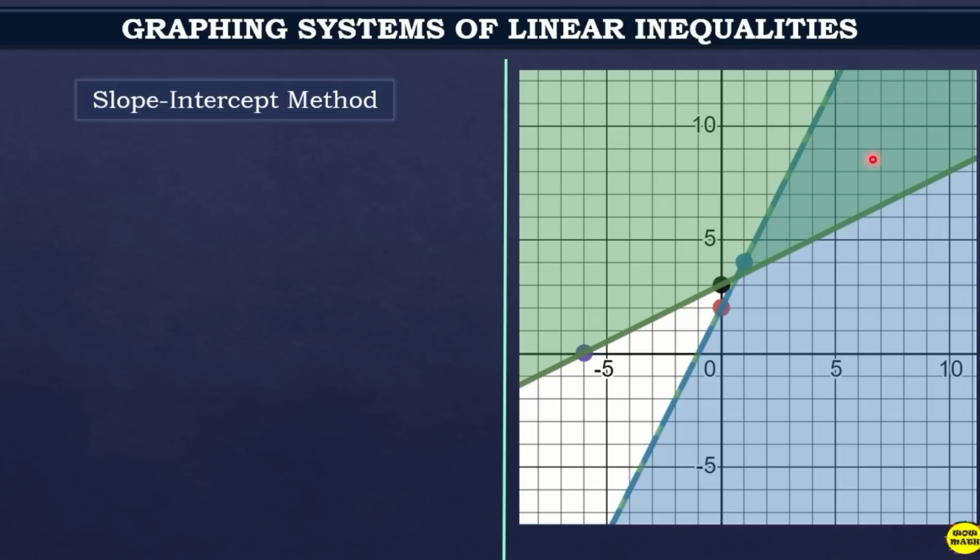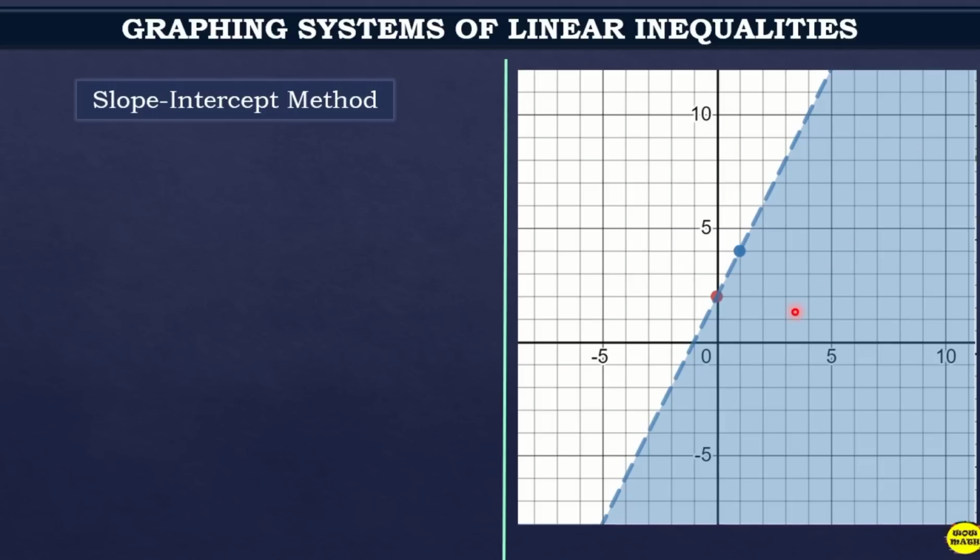Okay? Dito sa blue shade natin, ito yung dalawang points mo. Since meron kang point na nasa y-intercept, therefore, slope-intercept method na ang gamitin mo. Laging ganon. Kung nakita mo merong naka-plot dun sa y-intercept, yun na ang gamitin mo, mas mabilis.